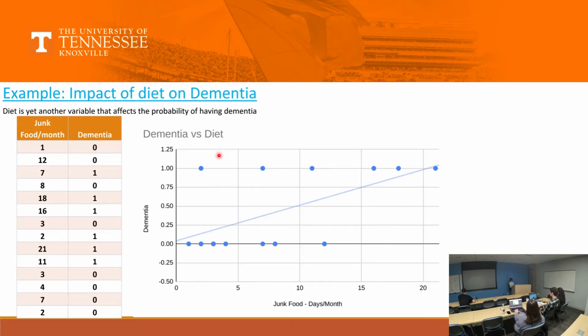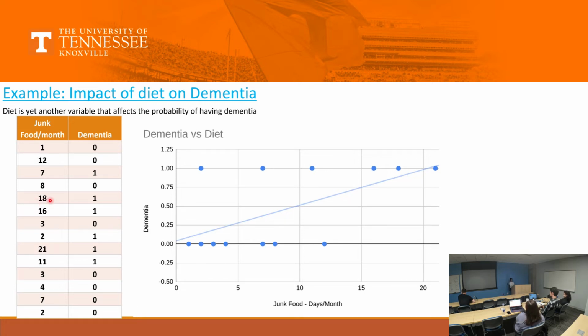Now, I add one more parameter to it. Like this, I can have 1,000 parameters. Another parameter is diet. People who do not take a lot of omega-3, maybe they have dementia because they're taking a lot of junk food. So there's a clear relationship here.